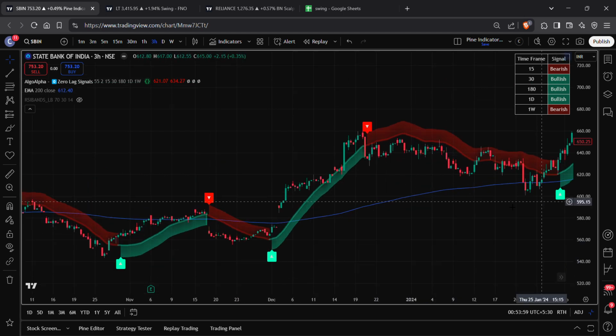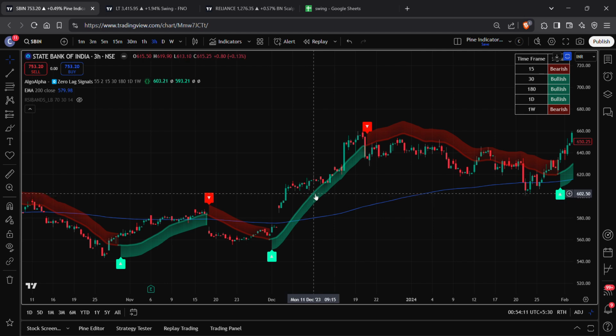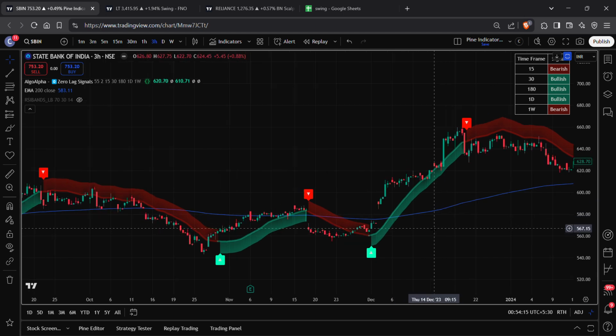Say, for example, this is an SBI chart of 3 hours. This indicator shows a green signal and this crosses the 200 EMA and you have price going above. So when the price touches this level or this line, which is the zero lag line, this is where you enter, and this will be your stop loss.